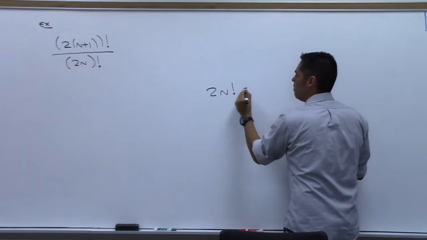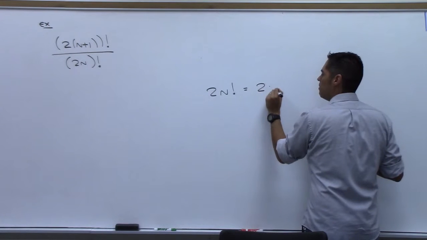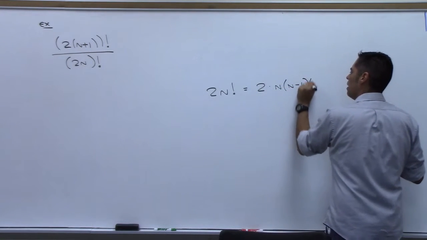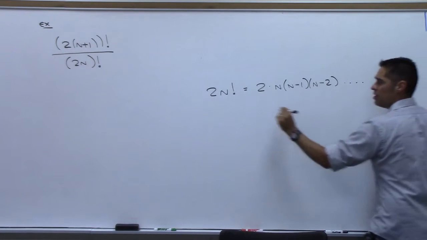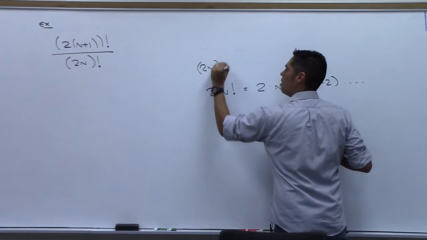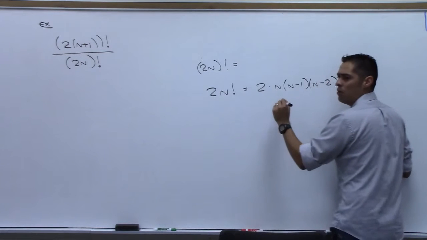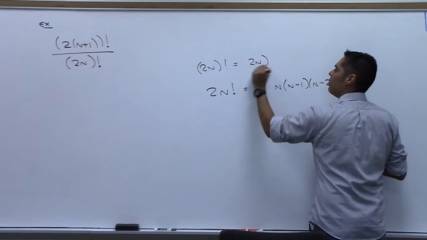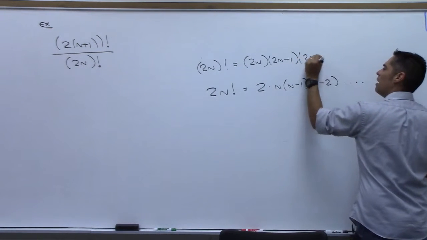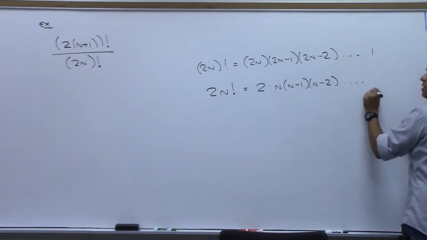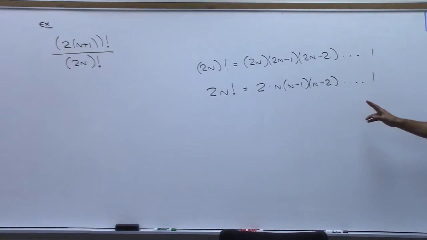So this right here would mean 2 times n minus 1 times n minus 2, and keep going, versus this, which would mean 2n, and then 2n minus 1, and then 2n minus 2. And you see the difference between those? It's very important that you see the difference between those two.